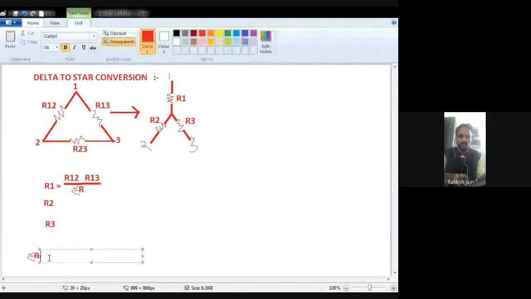What are the given resistances? R12 plus R13 plus R23, okay.